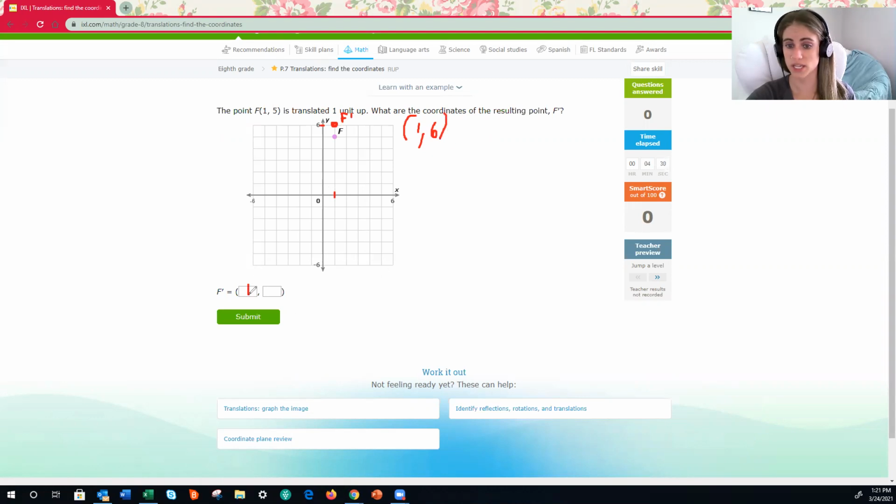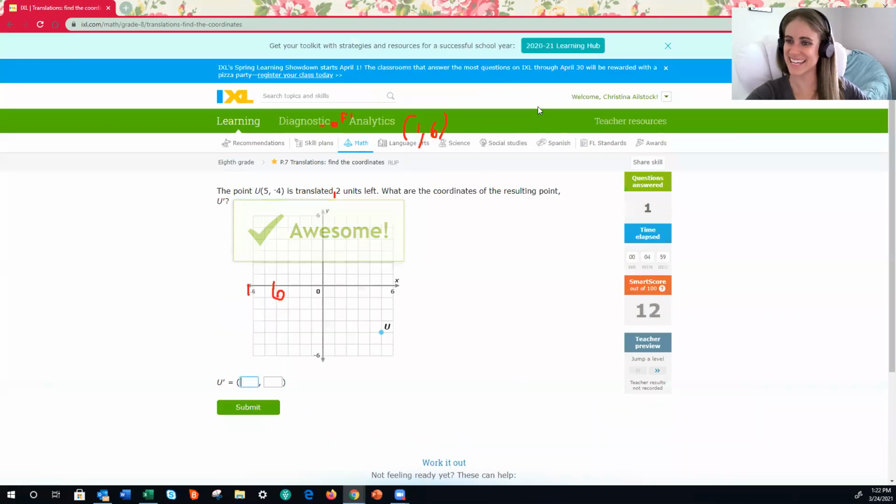That is going to be our answer. Simple as that. And if you wanted to double check your work, it moved 1 unit up, which is why our X value stayed the same, because it didn't move left or right. It only moved up, which is what caused your Y value to go from a 5 to a 6. All right, let's officially type this in to make sure it's correct. And it is.